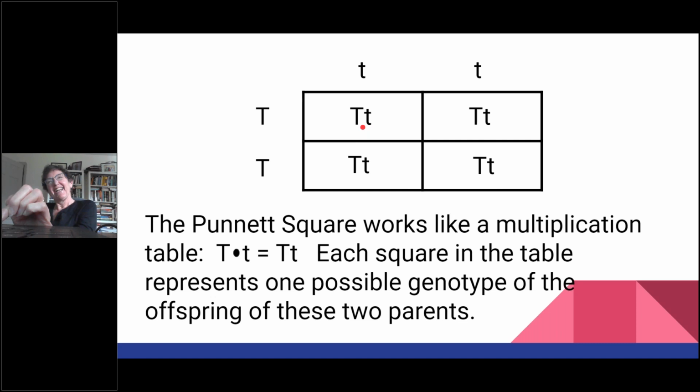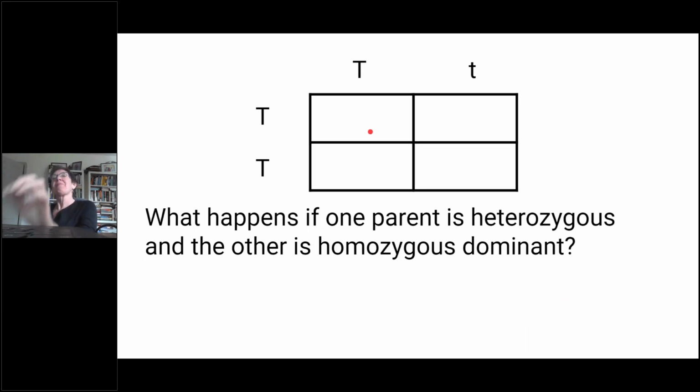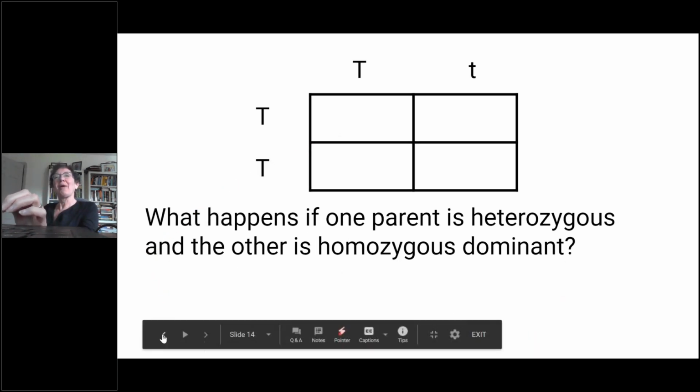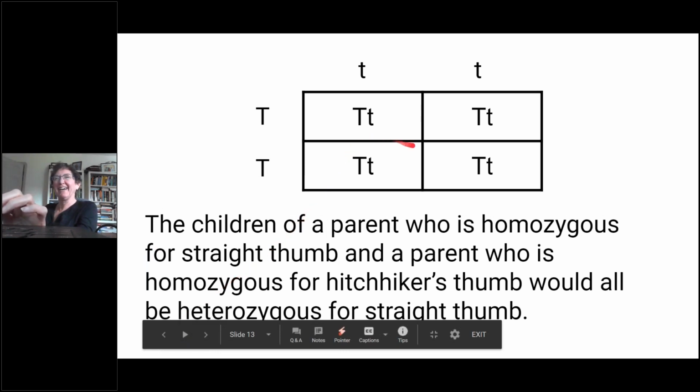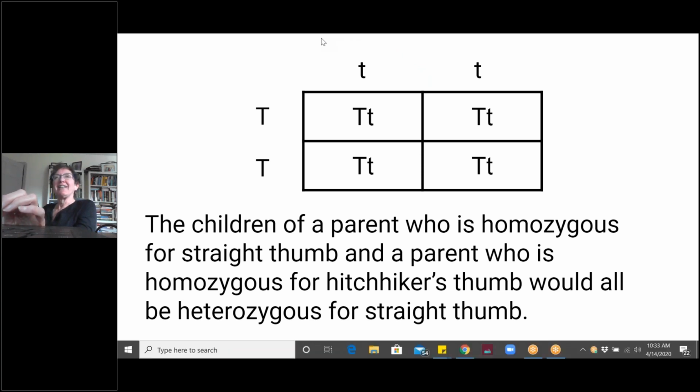So the capital T is the straight, right? Right, exactly. So the capital T then would be the one that shows up. So they would have straight thumbs. Oh, is this Chris talking? Yeah. Oh, I was asking Tatiana. Oh, okay. Yeah. Are you still there, Tatiana? I think she dropped off. Oh, whoa, whoa, whoa. No wonder she's not saying anything.